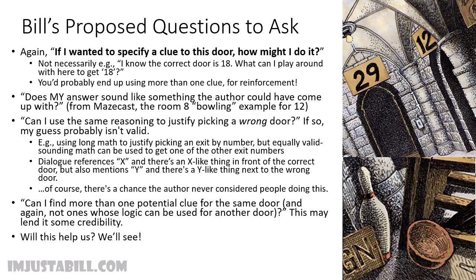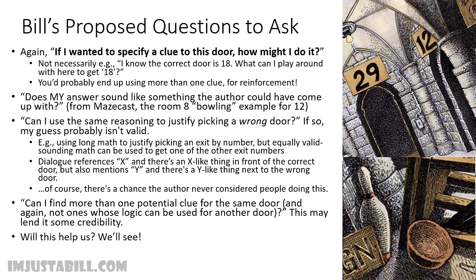Likewise, we'll see sometimes the dialogue refers to X and there's an X-like thing in front of the correct door. Okay, well, look again in the dialogue. Maybe there's a reference to another object that's near one of the wrong doors. Once again, maybe that doesn't have anything to do with it. There is, of course, always the chance that we're finding something and the author didn't consider that somebody might misinterpret it that way.